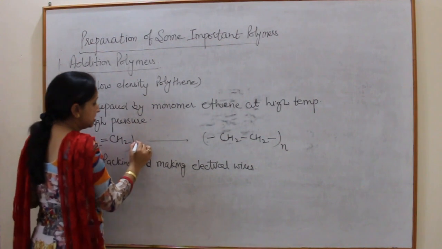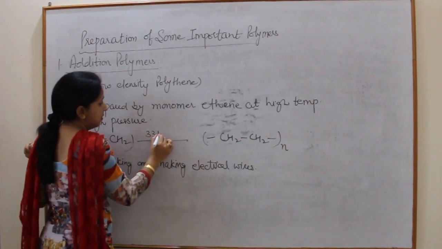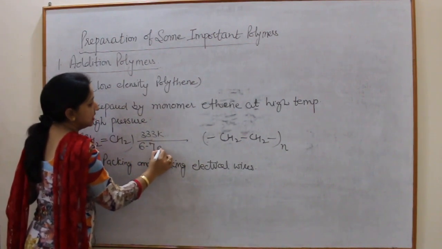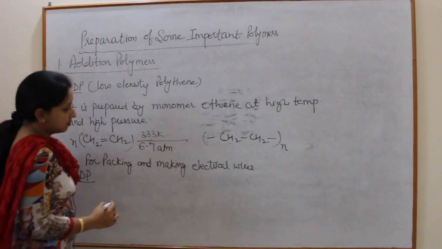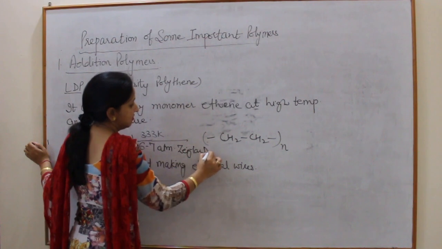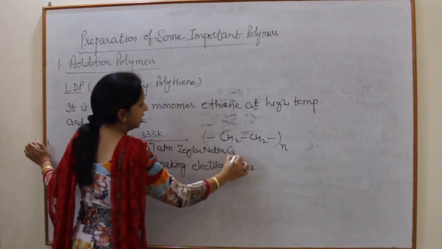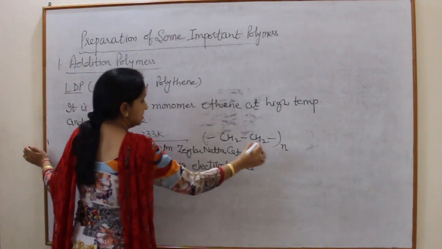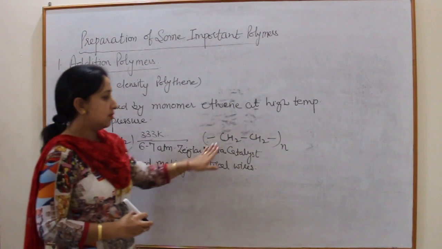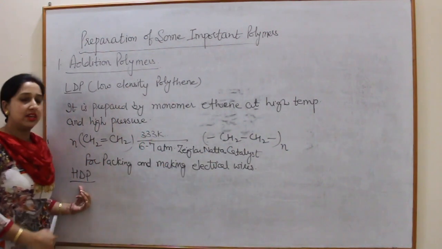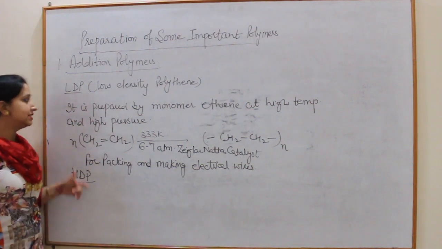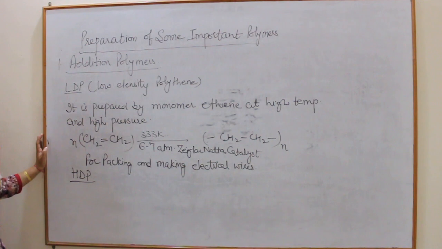Here the temperature is somewhat low, approximately 333 Kelvin, and pressure is only 6 to 7 atmosphere, and this reaction is performed in the presence of a catalyst known as Ziegler-Natta catalyst. And again we get same polymer, but this is known as high density polythene because it has high density as compared to low density polythene.